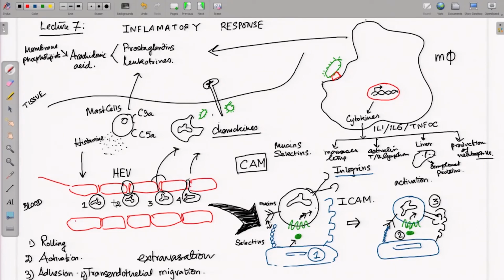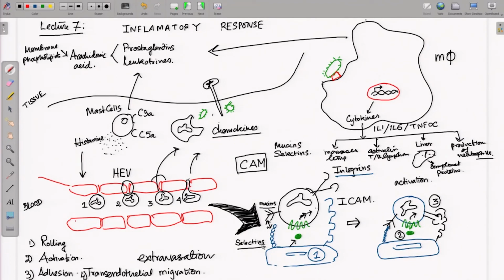These 4 steps proceed by the action of certain cell adhesion molecules like the mucins, the selectins, the ICAMs and the integrins. Initially there is a mucin to selectin binding, which we describe as the rolling.